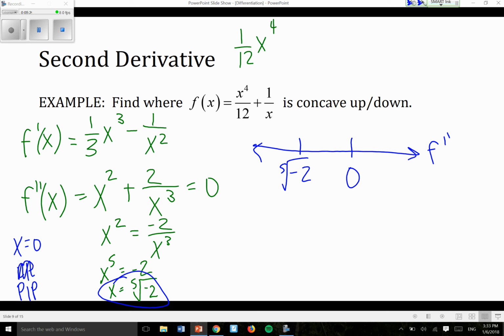The fifth root of -2, I don't really know what that is, but I know that it's smaller than -10. So I'm going to try -10 as the number that I plug in. If I do -10 squared, I get positive 100 plus 2 over -1,000. So 100 plus -2 over 1,000, I know that that's going to be positive.